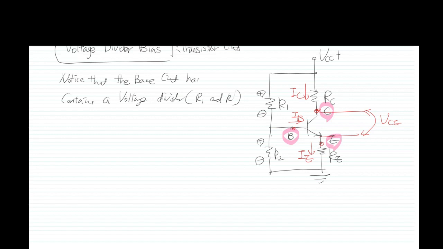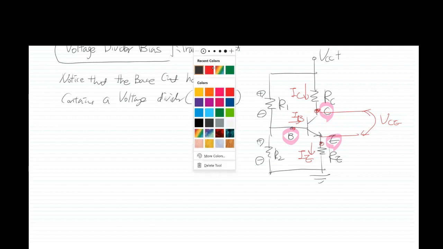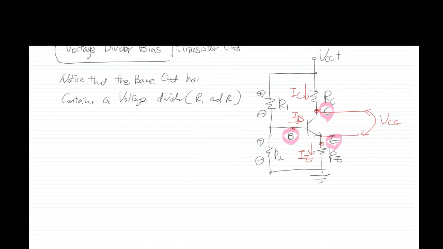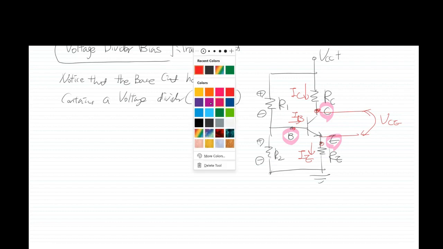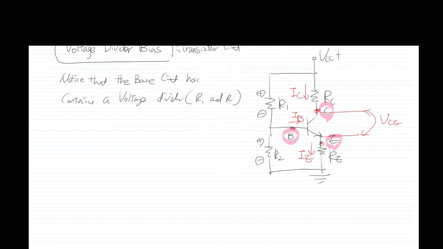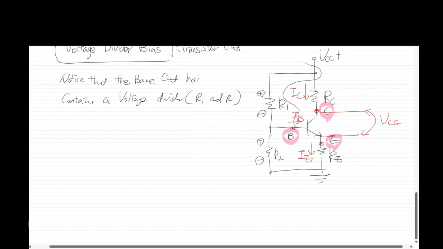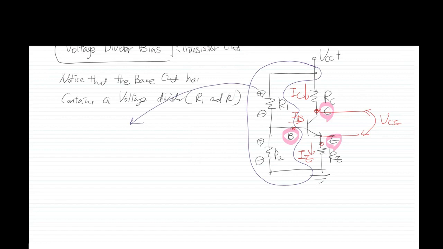So in any design of the voltage divider bias circuit, the base current is much smaller than the current through the voltage divider. So if you have just the base part, I'm going to remove the collector part here.